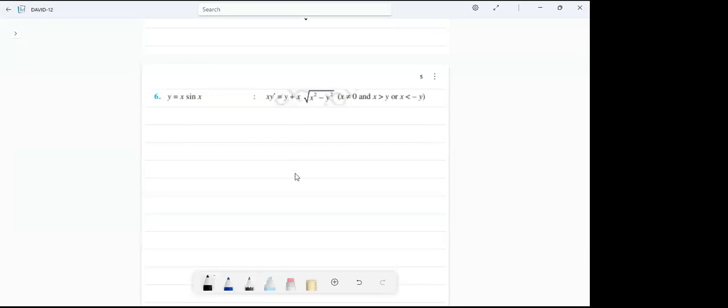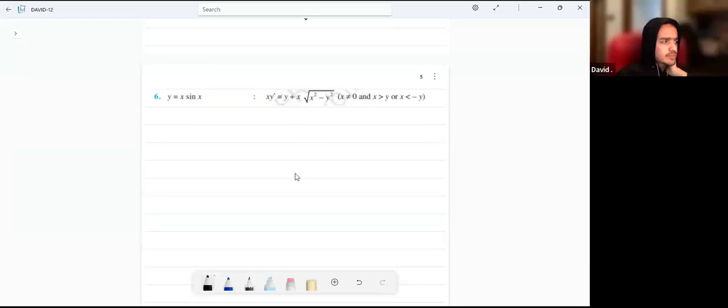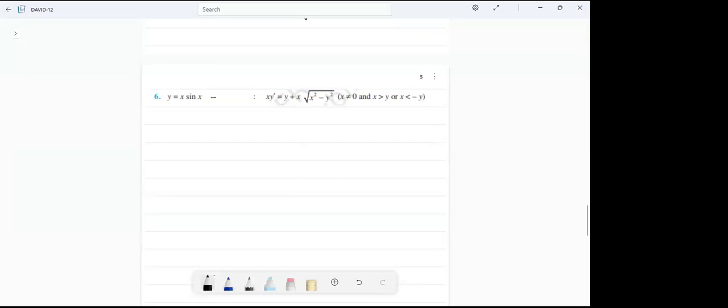Okay. Yes, sir. So let us take this as equation 1. We have y equals x sin x.